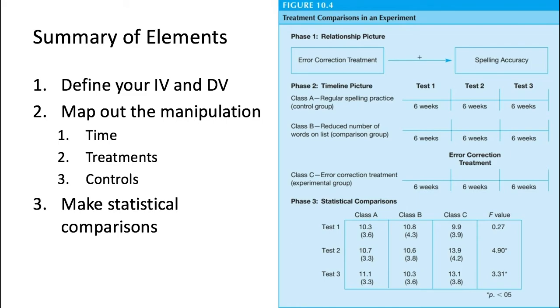Maybe the time that I administer it, the day of the week, the peer groups that surround, socioeconomic status, parental income, all sorts of things that I might want to keep track of. So when I make my statistical comparisons, I can factor some of those things in to make sure that they are not having an undue influence on the things that I want.